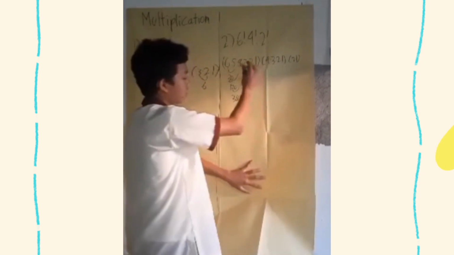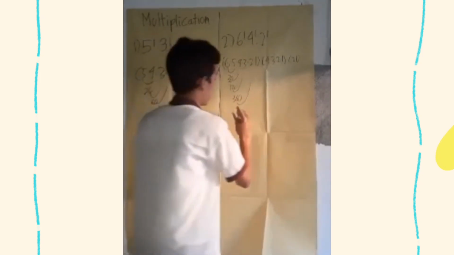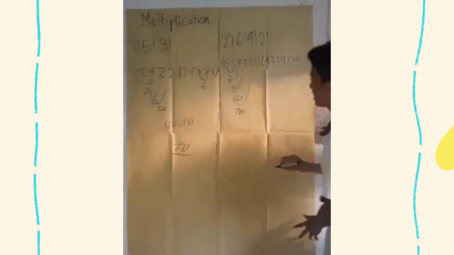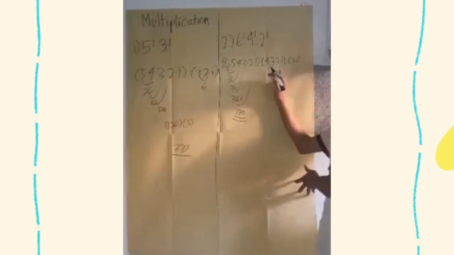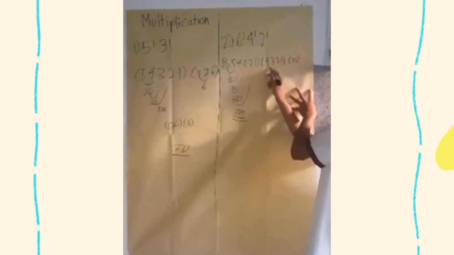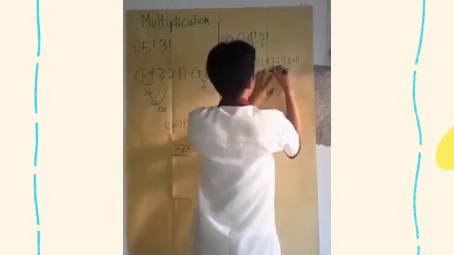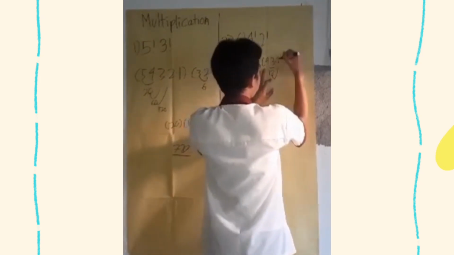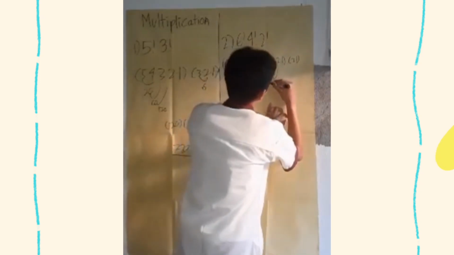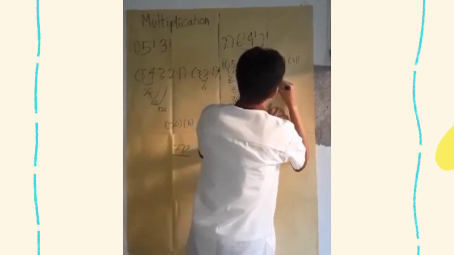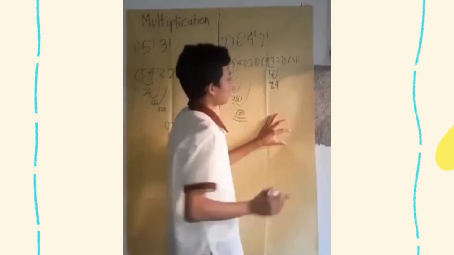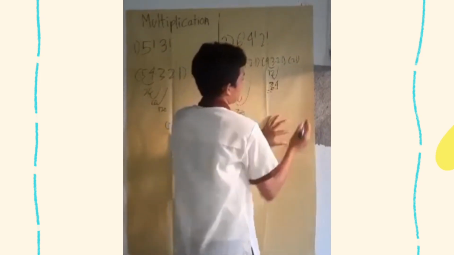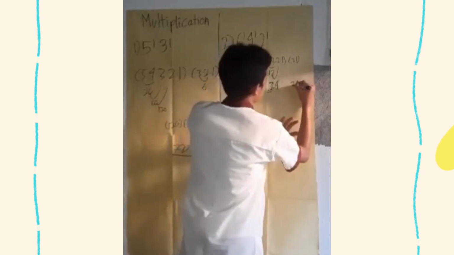Hindi na natin ito ipa-times sa 1 dahil ganun pa rin ang kakalabasan. Next ay 4 factorial. 4 times 3 equals 12. 12 times 2 is 24. Hindi na rin natin siya ita-times sa 1 kasi ganun pa rin. 2 times 1 equals 2.